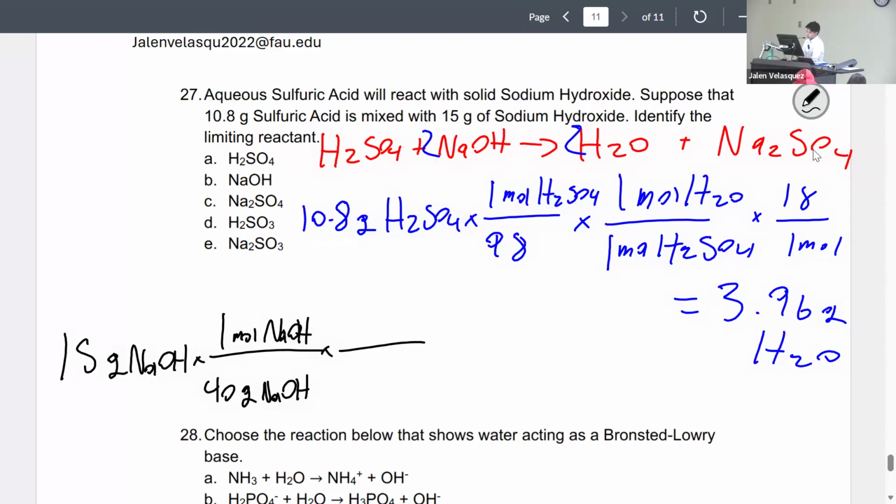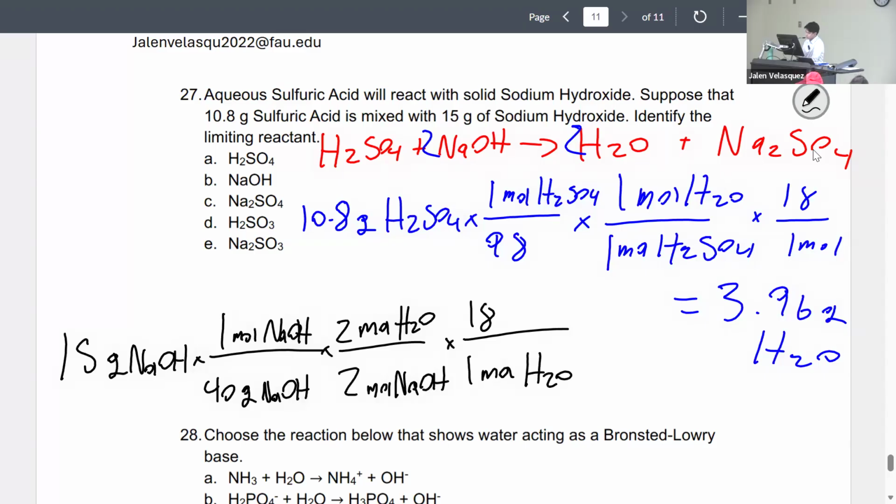So you've got a 2 mole to 2 mole ratio. And then again to the grams of water, right? So the 15 grams of base is gonna give you 6.75 grams of water.